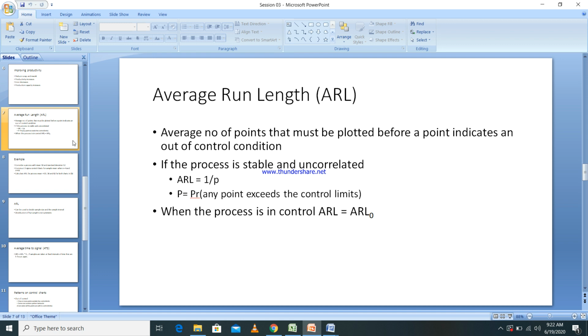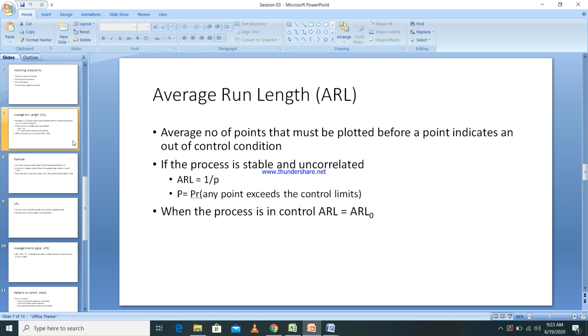And when your process is in control and you calculate this average run length, we denote it by ARL 0, or ARL naught. That is very important when you are using your quality control charts. You can calculate ARL and find out the number of samples you need, on average, to get an out of control signal.